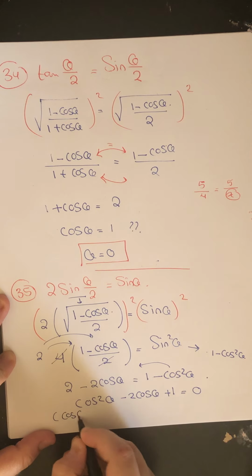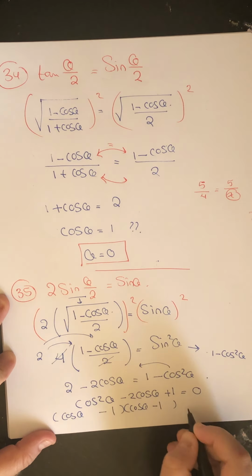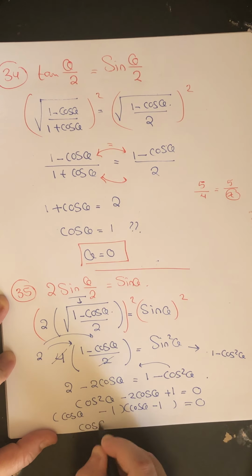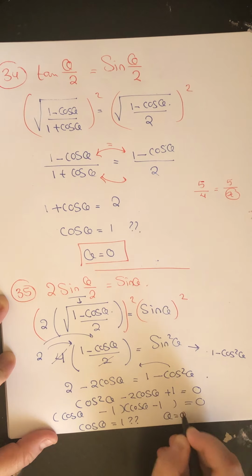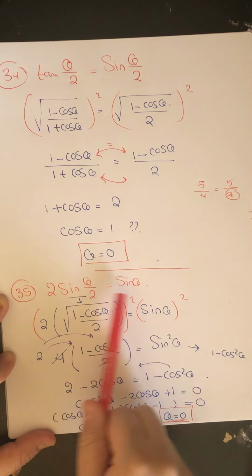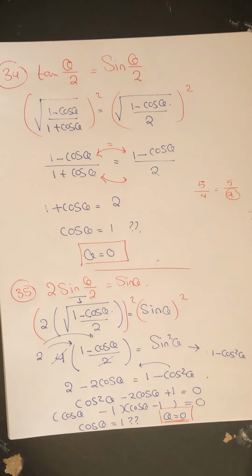The brackets are cosine theta, and I think both of them are minus 1. So when is cosine theta equal to 1? Again, at theta equals 0. So these two are equal at theta equals 0, and these two are equal at theta equals 0.